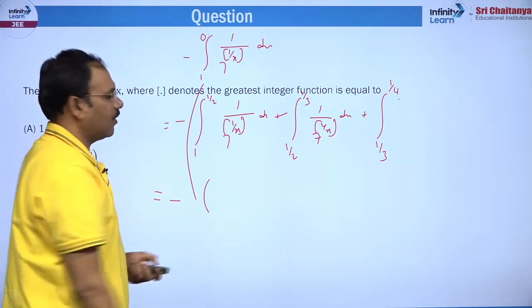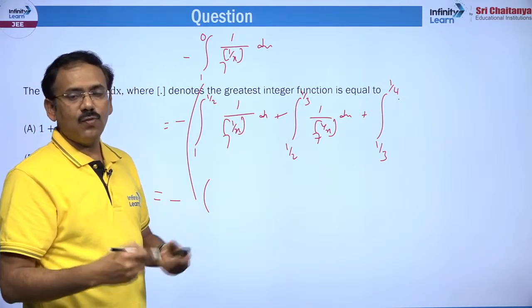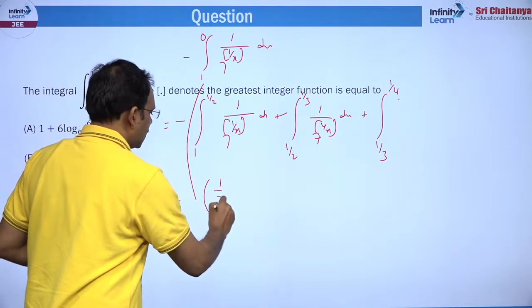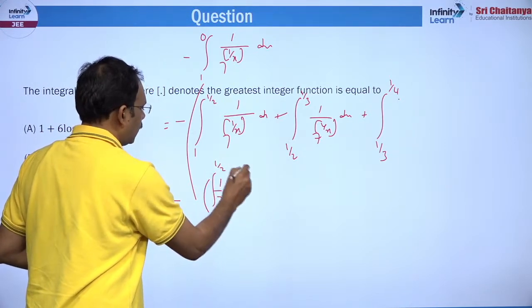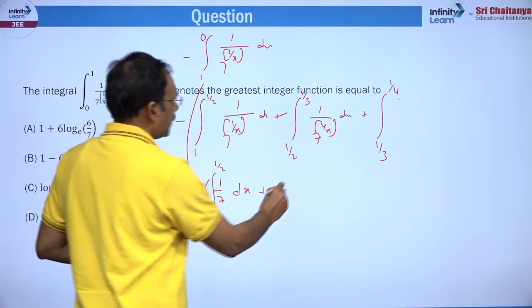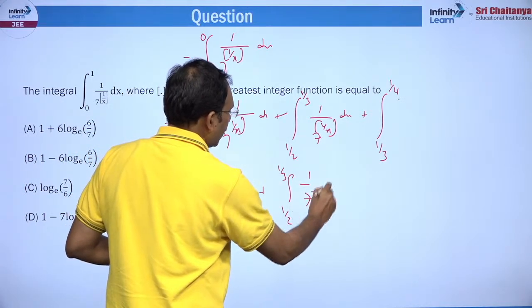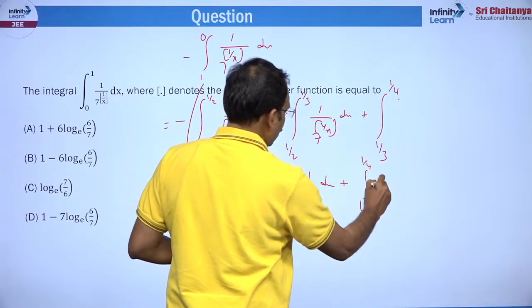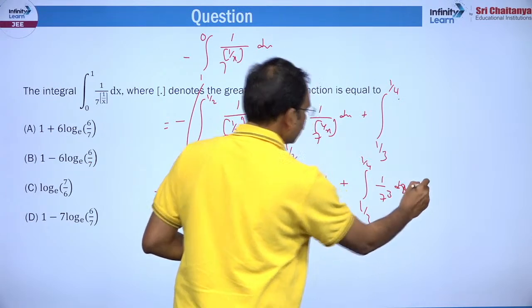So you can do it like this, minus of, you see, when x is taken between 1 to 1 by 2, 1 by x will be between 1 to 2, step is 1. So 1 by 7 integral 1 to 1 by 2 dx plus integral 1 by 2 to 1 by 3, 1 by 7 square dx, integral 1 by 3 to 1 by 4, 1 by 7 cube dx, my dear friends.